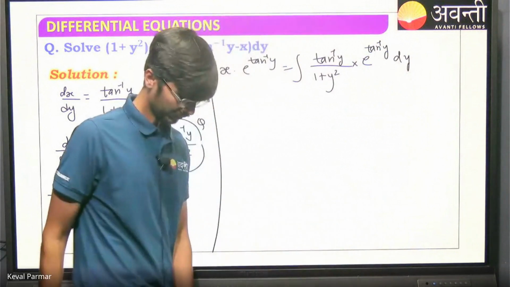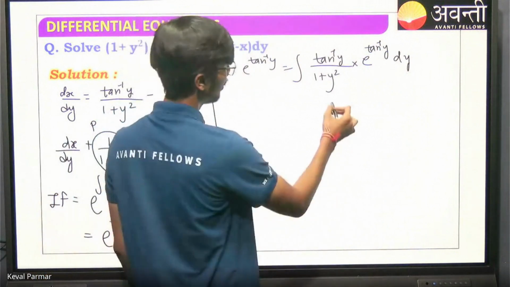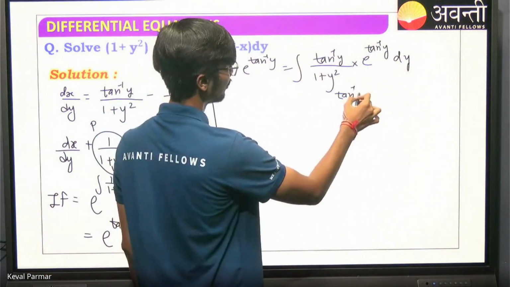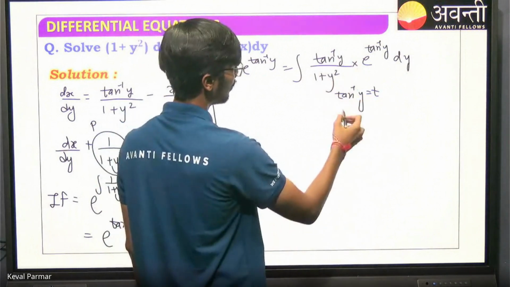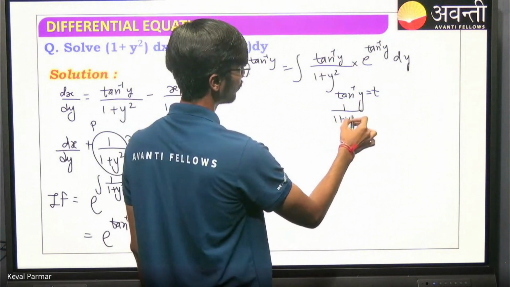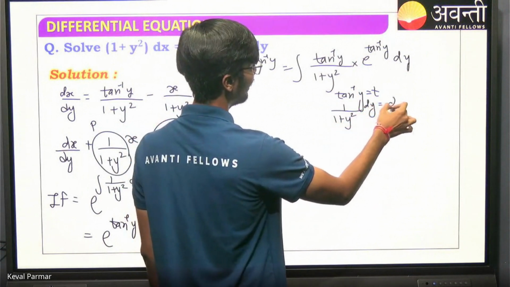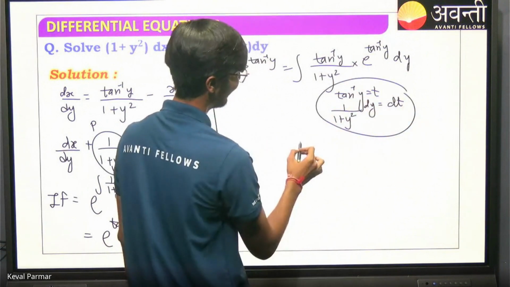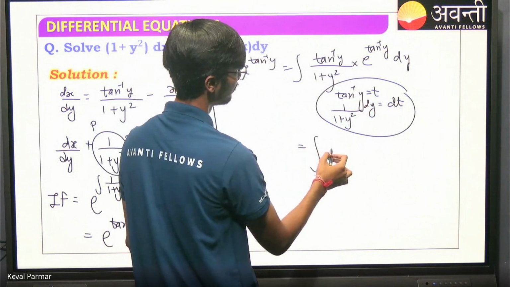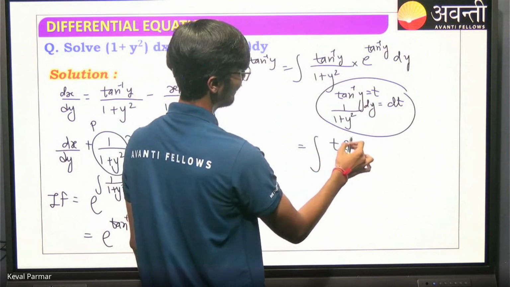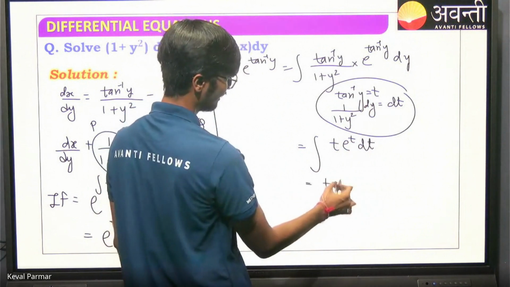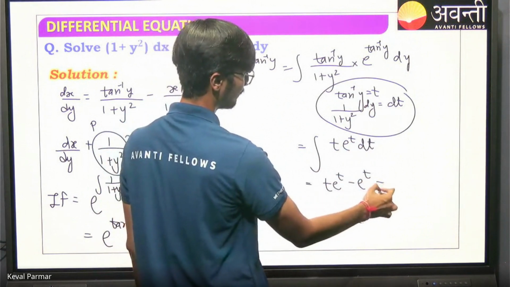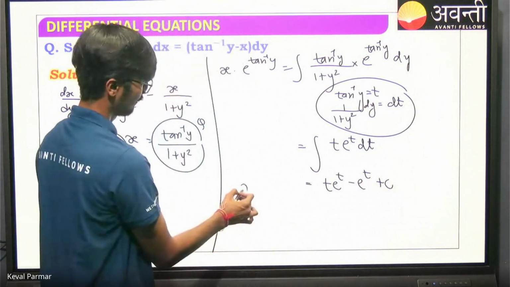What can we do here? We'll put tan inverse of y equal to t. So 1 upon 1 plus y square dy will go to dt. So my integral will become integration of t into e raised to t dt. What is the answer here? It is t e raised to t minus e raised to t plus c. So I think we got our answer.